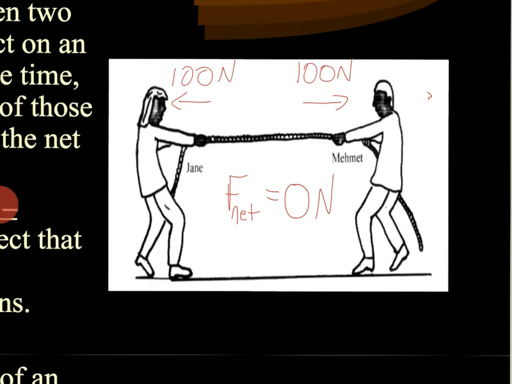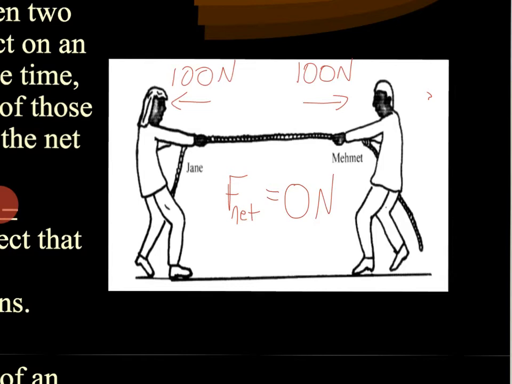It's 100 one way, and there's 100 going in the opposite direction. Direction matters, so we're going to combine the forces: 100 going one way, positive, and 100 going the opposite way, negative, so they cancel each other out to be 0.